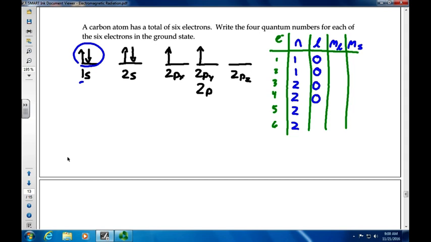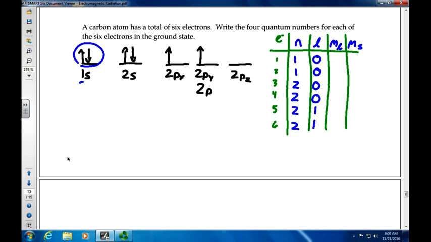And then we know that for P is equal to 1. The angular quantum number signifying P is 1. And there are 2 electrons in that instance. So we've got 1 and 1.